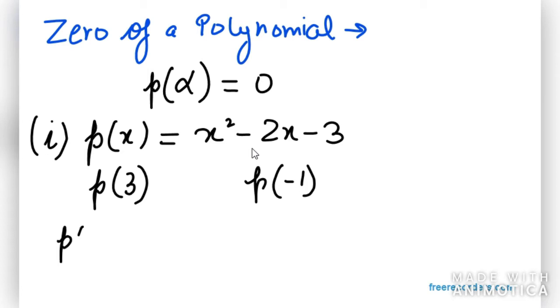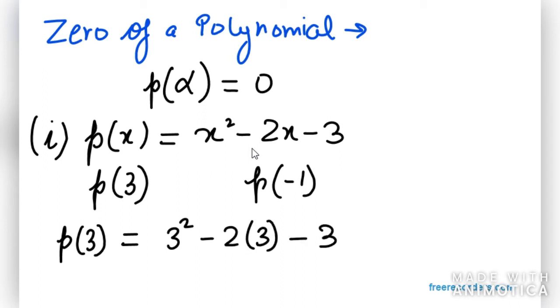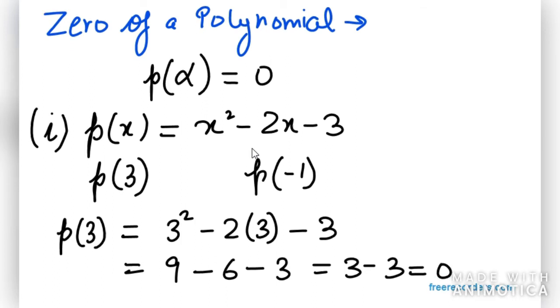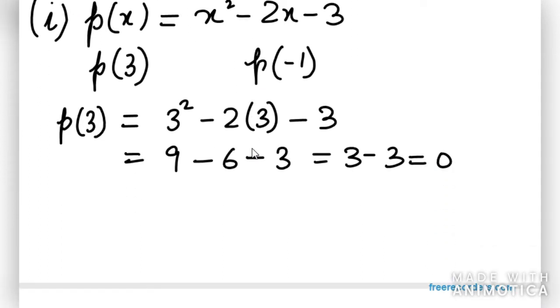Putting the value of 3 in equation 1, we get 3^2 - 2(3) - 3. Now 3^2 is 9, minus 6, minus 3, which equals 0. That means p(3) is a zero of the polynomial. Now let us check the second one, that is p(-1).